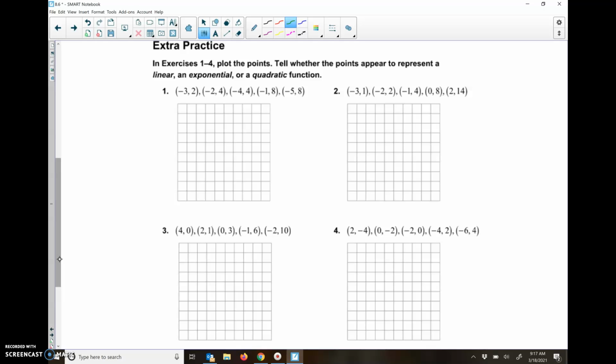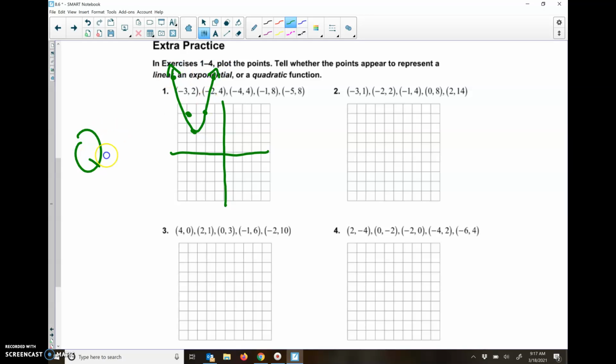So if I look at number 1 here, I'm going to graph -3, 2, -2, 4, -4, 4, -1, 8, and -5, 8. So somewhere up there. So as you can see, based on this graph here, it's a U-shaped graph.